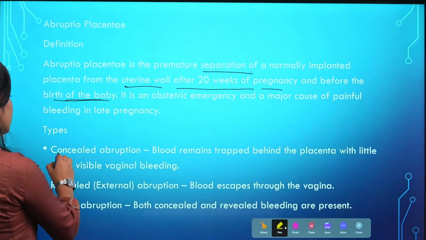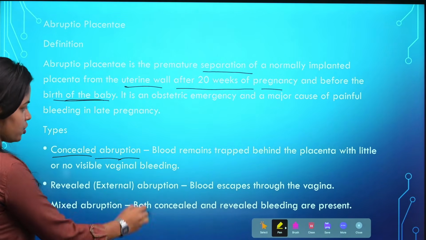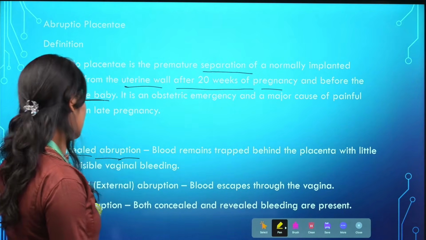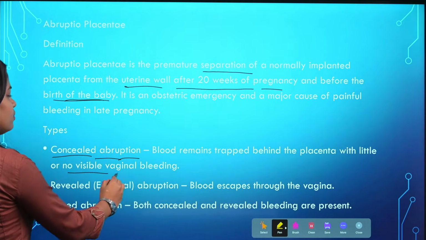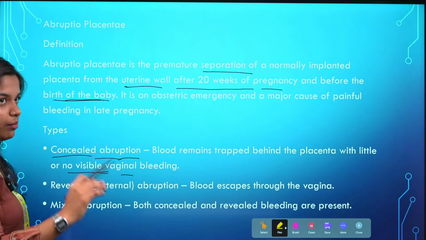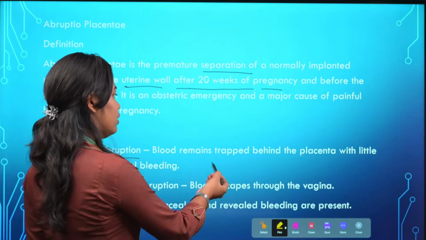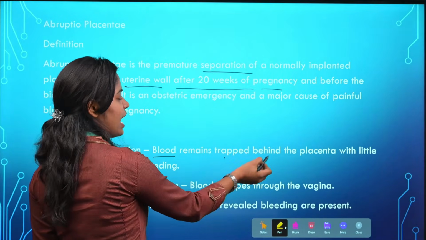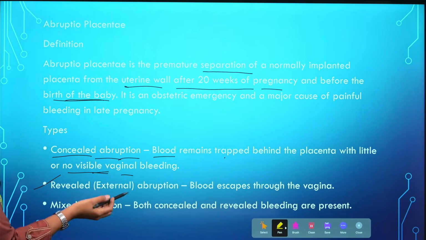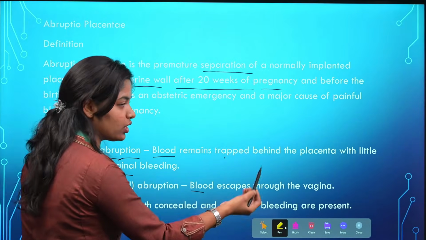Here the types include concealed abruption, where the blood remains trapped behind the placenta with little or no visible vaginal bleeding. Then revealed abruption, meaning external abruption, where the blood escapes through the vagina.